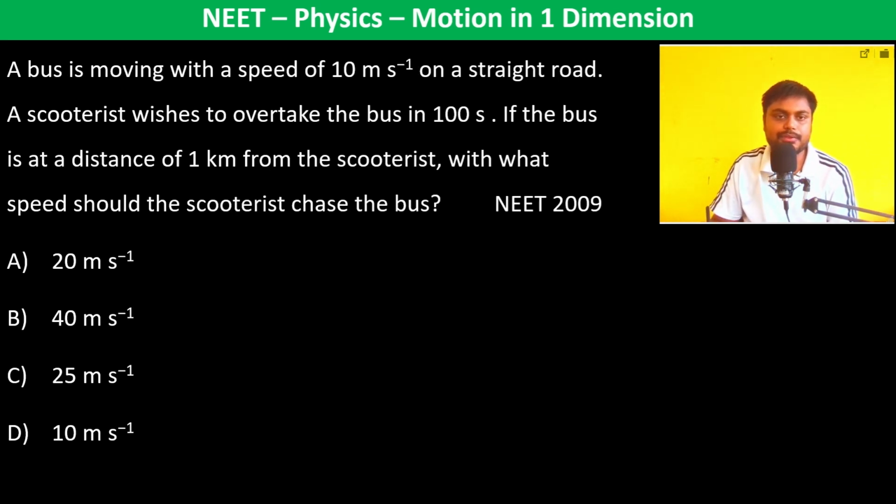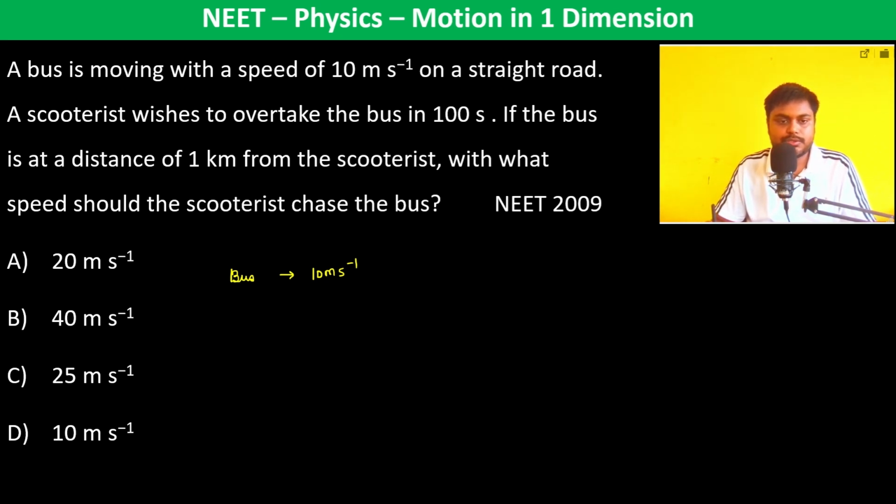A bus is moving with a speed of 10 meter per second on a straight road. A scooterist wishes to overtake the bus in 100 seconds.